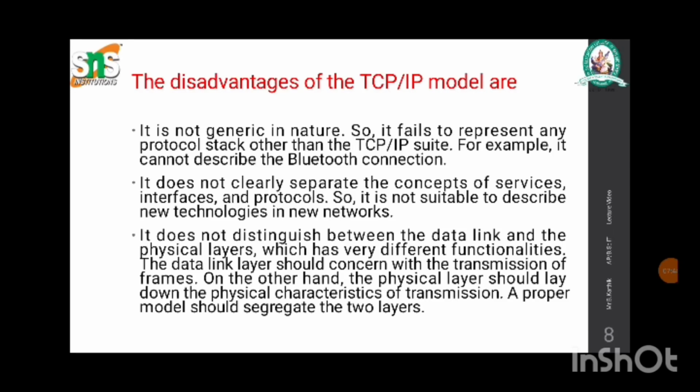It does not distinguish between the data link and the physical layers, which have very different functionalities. The data link layer should concern itself with the transmission of frames. On the other hand, the physical layer should lay down the physical characteristics of transmission. A proper model should segregate the two layers.